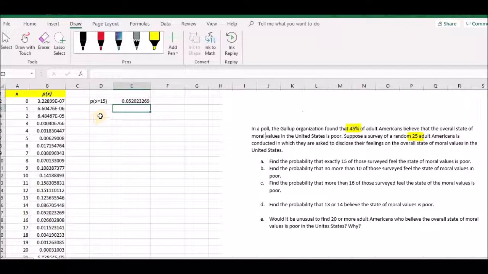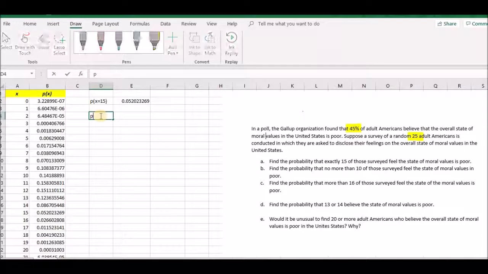Next, find the probability that no more than 10 of those surveyed feel the state of moral values in the United States is poor. So that means, what is the probability that no more than 10, meaning 10 or less, people who are surveyed feel that the state of moral values in the United States is poor?